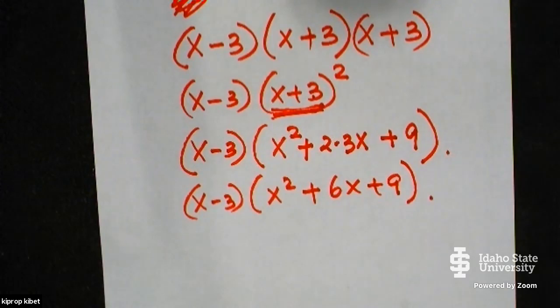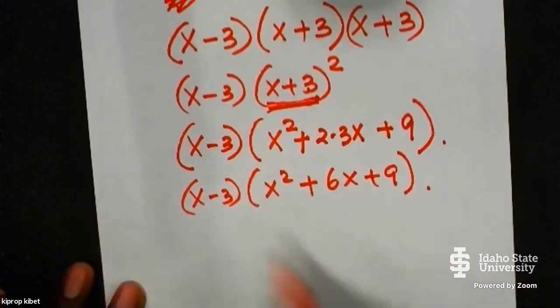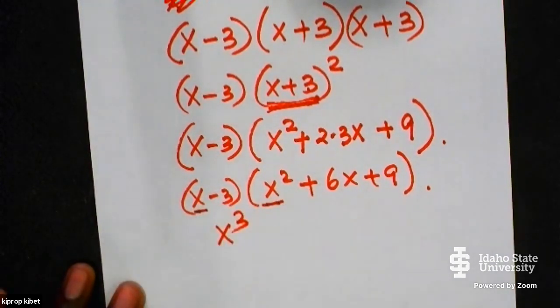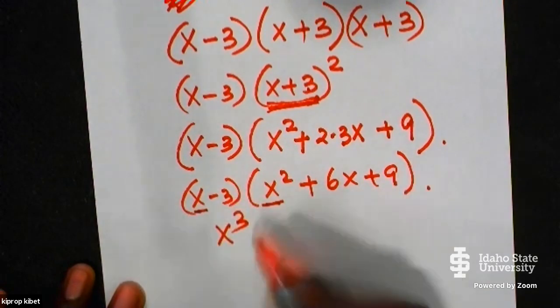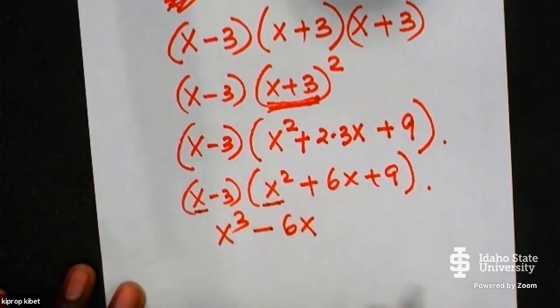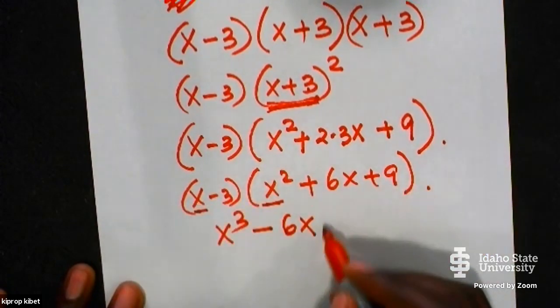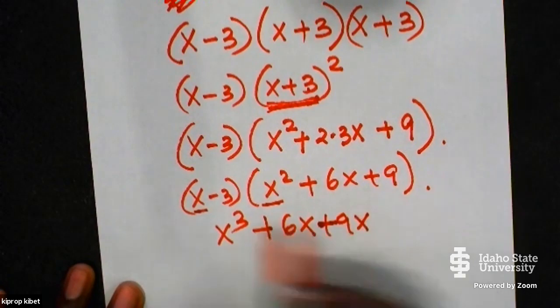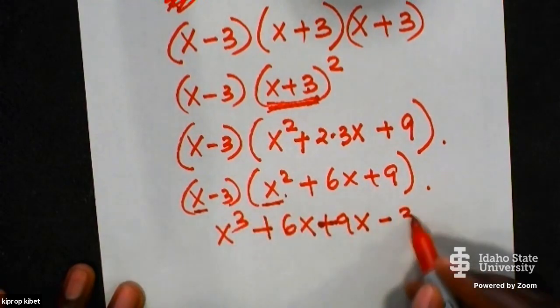So will we get the answer there? Okay, so let's open the brackets. If you open these brackets, then this x and this x will be x cubed, right? Then this one is plus 6x. Then this one is plus 9x. When you open this, then it will be minus 3x squared.